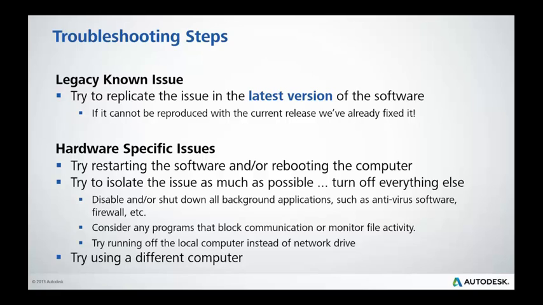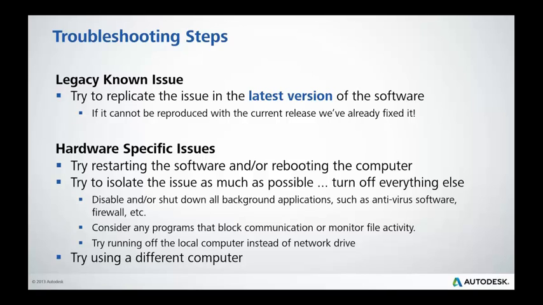Also, we have hardware-specific issues. If you're running into issues where your computer is crashing, or your software is crashing rather, or a simple simulation isn't functioning, these are some of the steps that we would take. The most important thing is to really look at the background applications, such as firewalls or virus scanners.